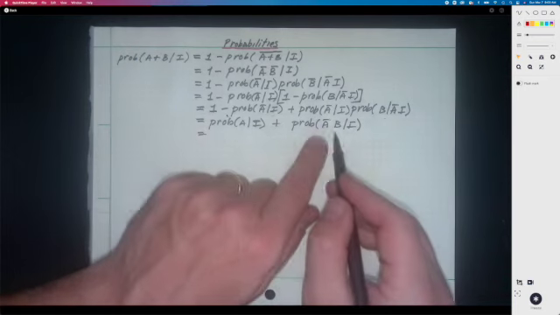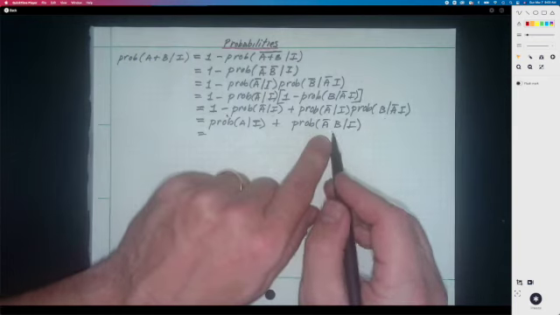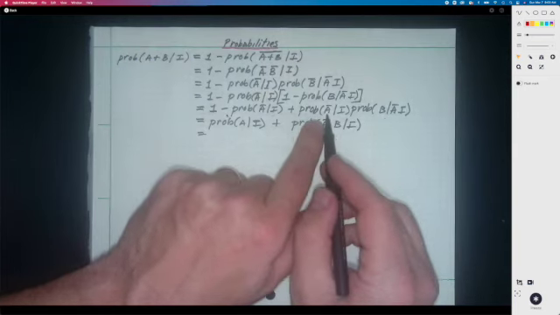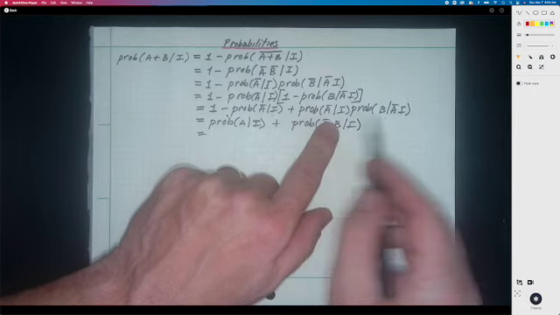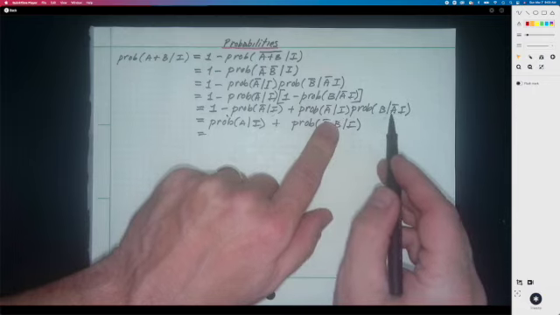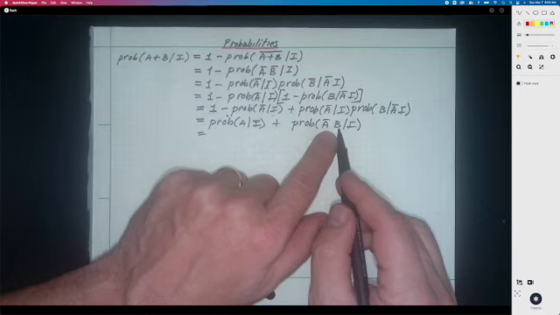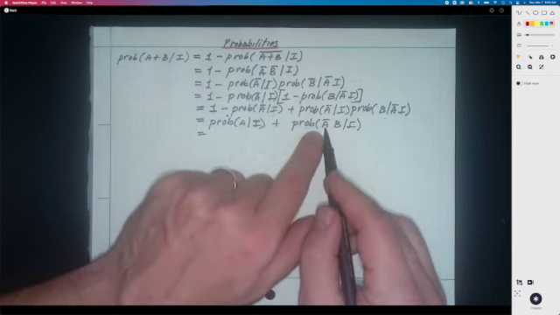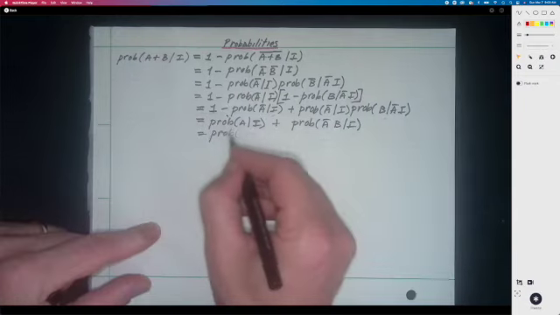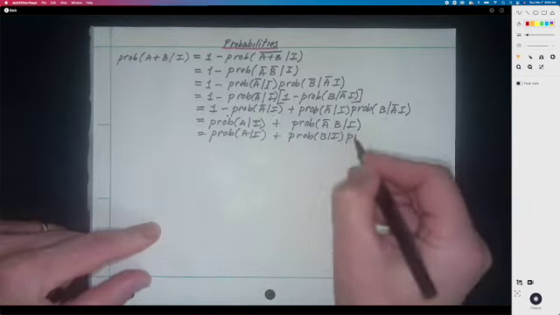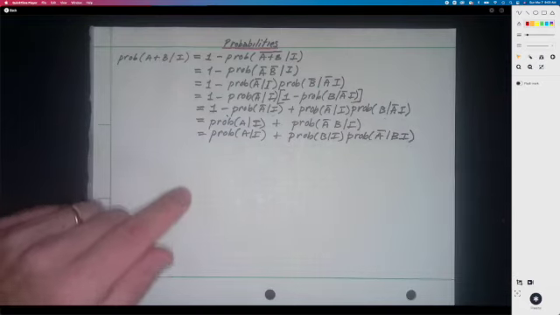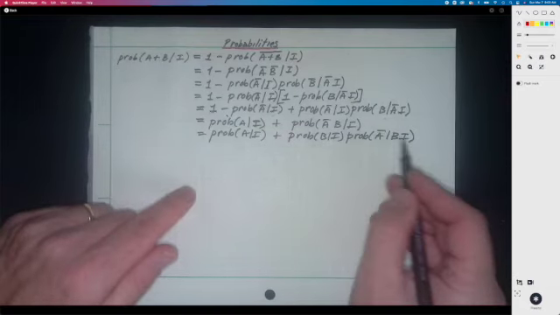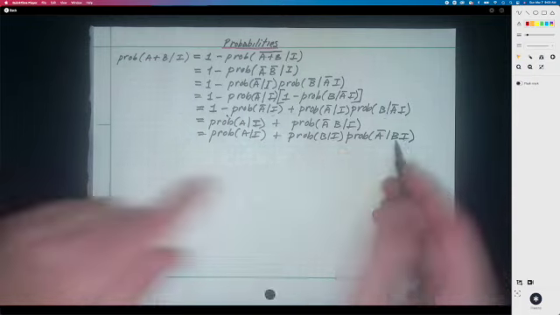And now we're going to break up the second one using the product rule, but now we'll break it up the other way. So notice here we have the probability of not A conditioned on I times the probability of B conditioned on not A. We'll rewrite it so we have the probability of B conditioned on I, multiplied by the probability of not A conditioned on B and I. And now we're going to use, again, the sum rule on the second term.